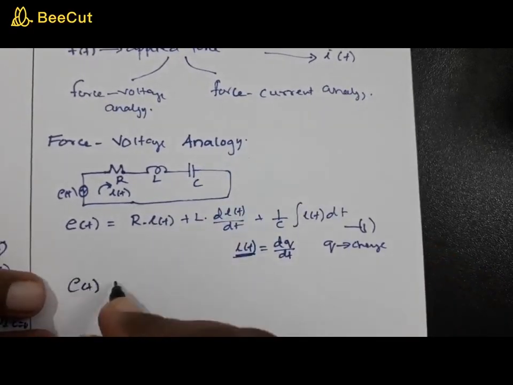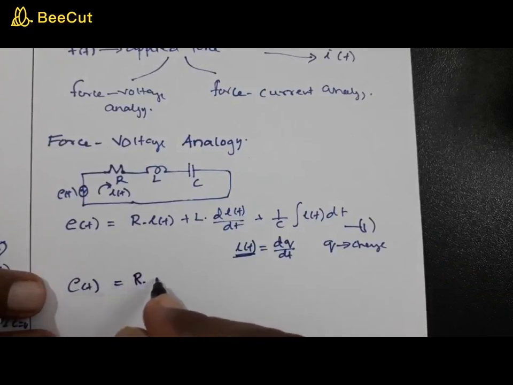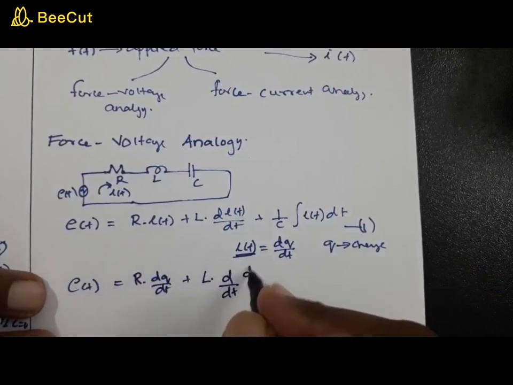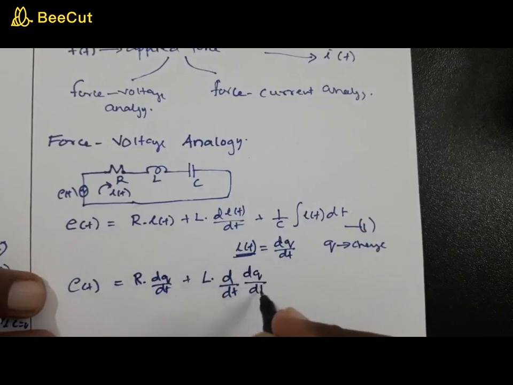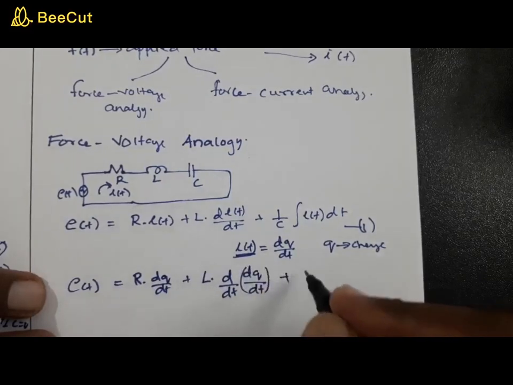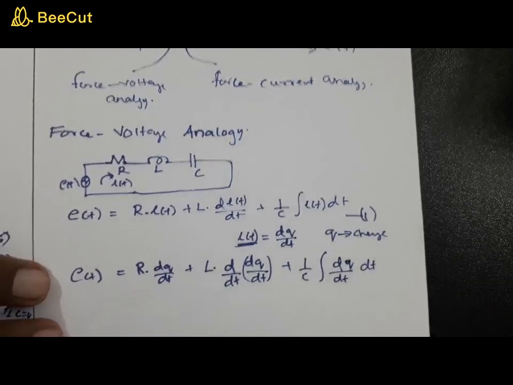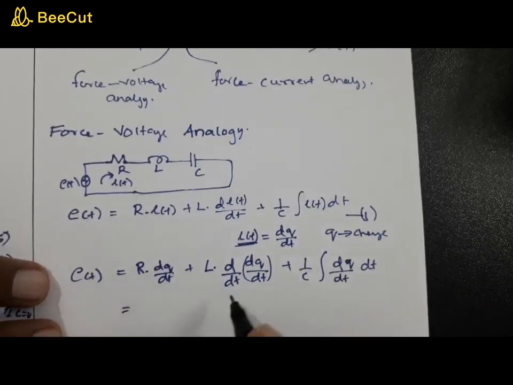So substituting in 1, you will get R into dq by dt, right, plus L into d by dt of dq by dt, right, plus 1 by C integral d by dt of dq by dt, right? Now what is this? This is R into dq by dt. What about this?